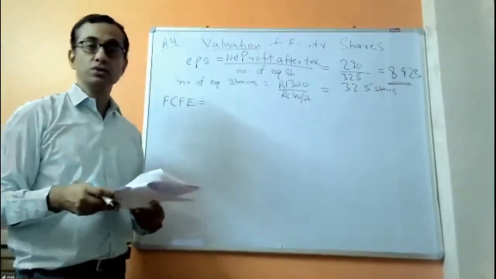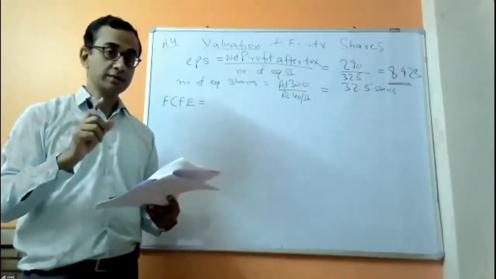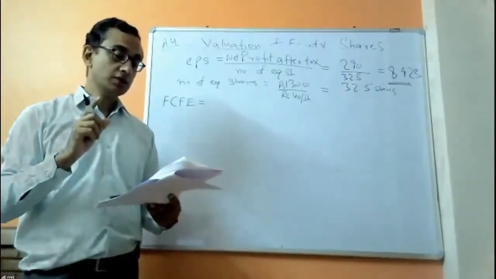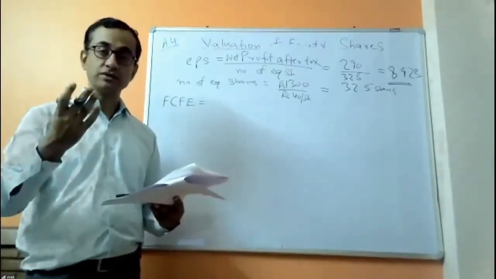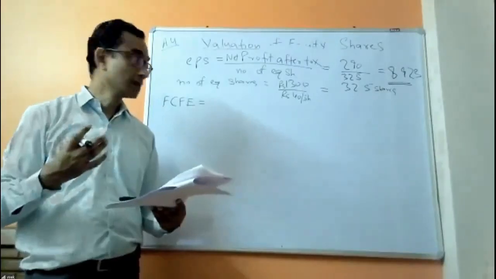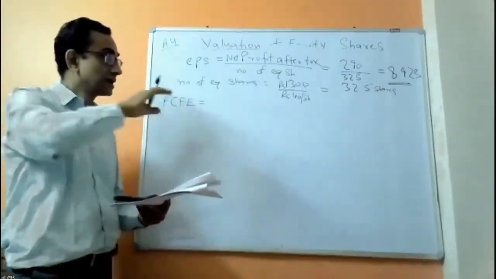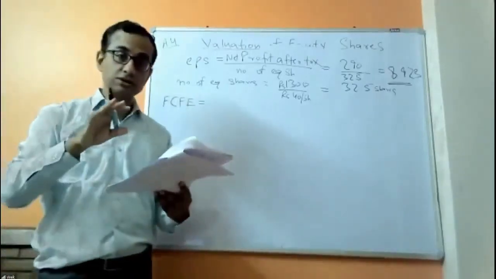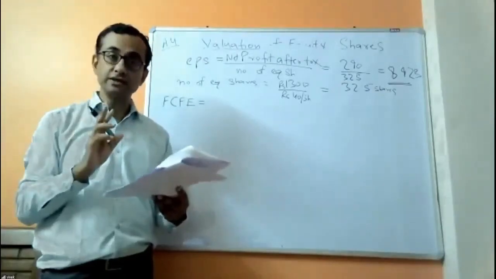But the first thing to notice in this particular question is that the debt equity ratio is 27%. If debt is 27%, then equity is 73%. Since this cash flow is available to the equity shareholders, we can calculate all these amounts on the basis of the percentage of the equity, that is 73%.